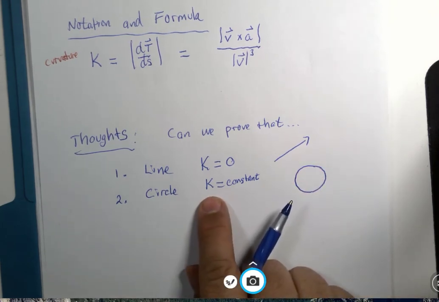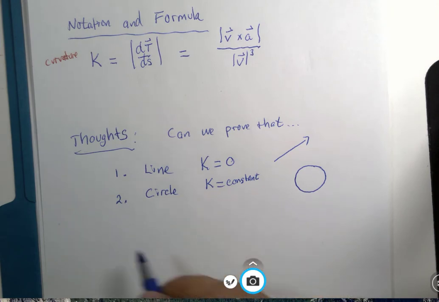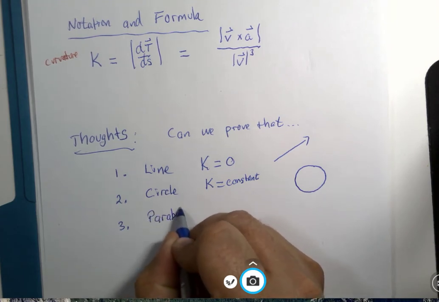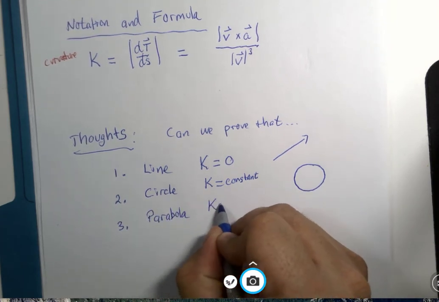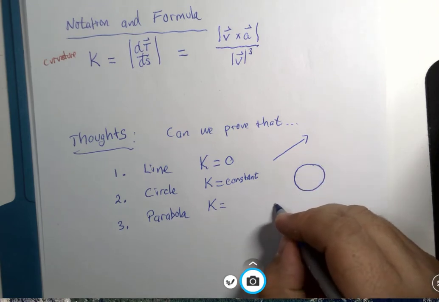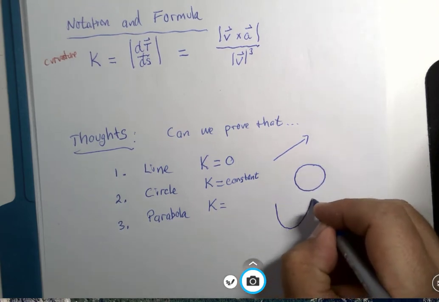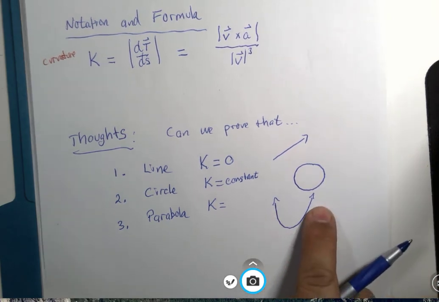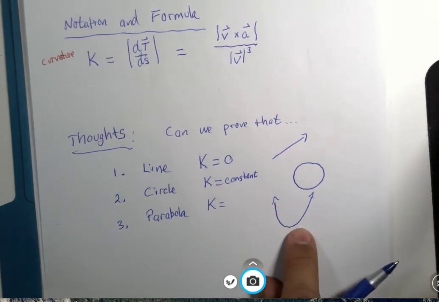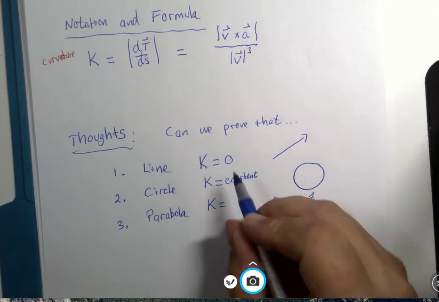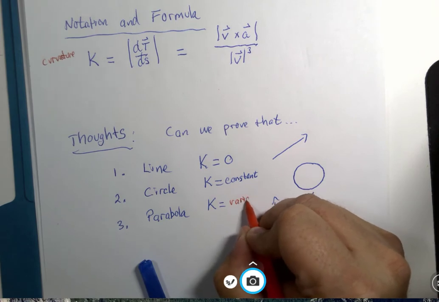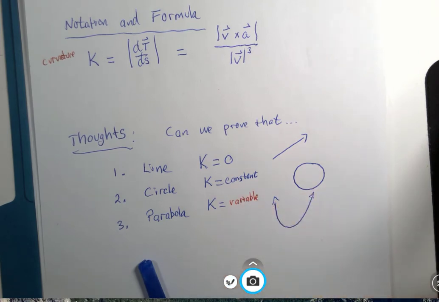So my claim is for the circle, the curvature is constant. And then finally, I'll choose one other graph. Let it be a parabola. For a parabola, the curvature changes. It gets kind of straight at the ends, and it's definitely got a bigger curve here in the middle. My little description is it's going to be variable.